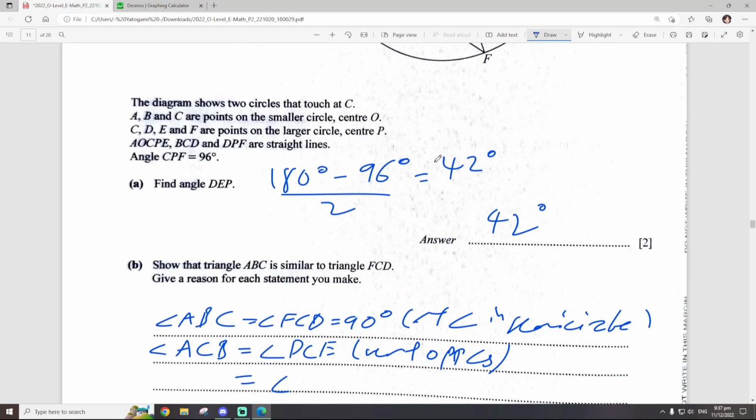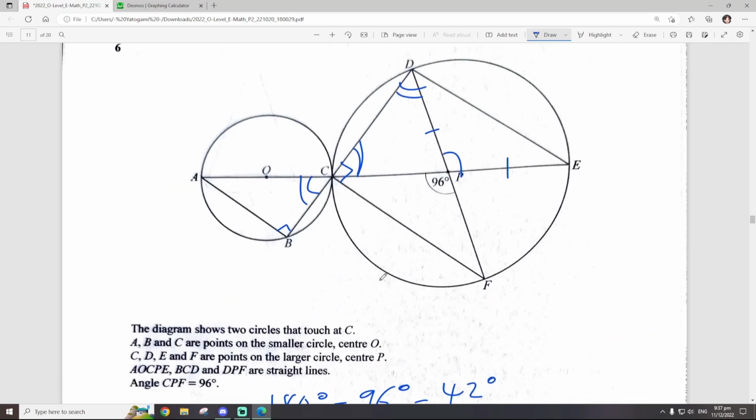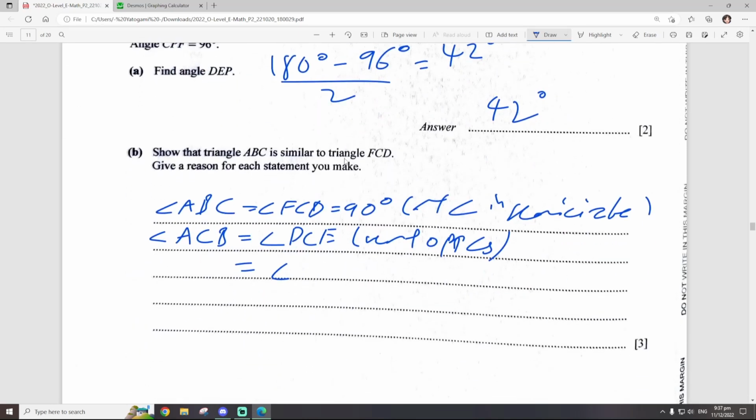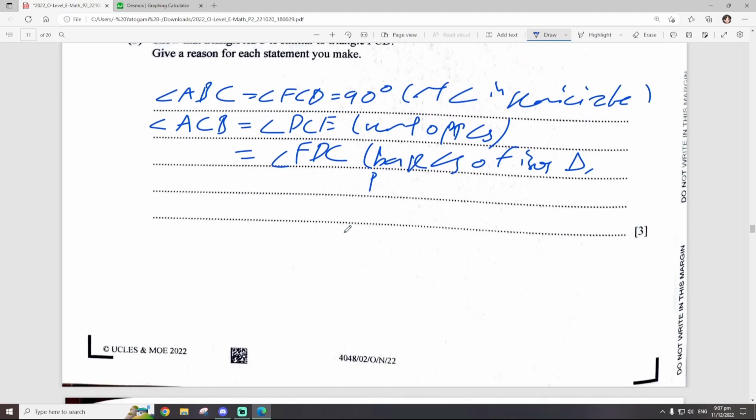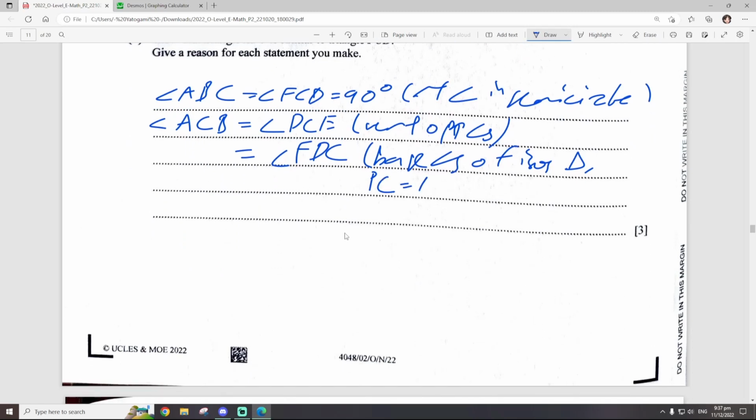So it is actually going to be FDC, right? Base angles of isosceles triangle, and the fact that the two sides are equal here: PC equals PD, due to radii of circle. Okay, so therefore, by AA similarity, the two triangles are similar.